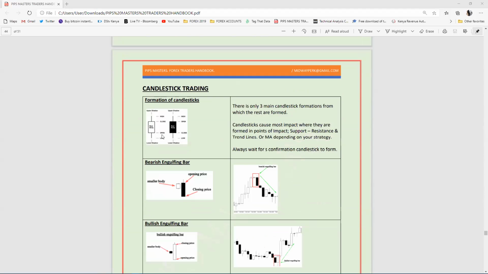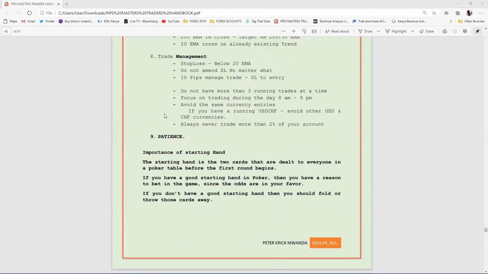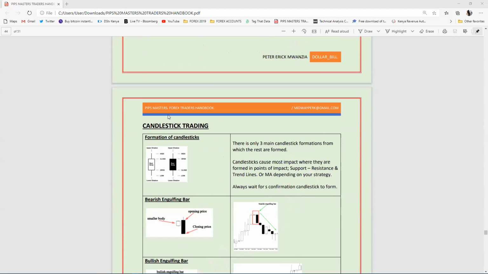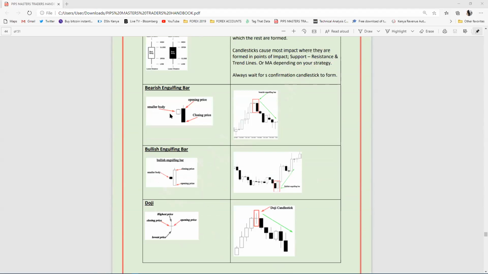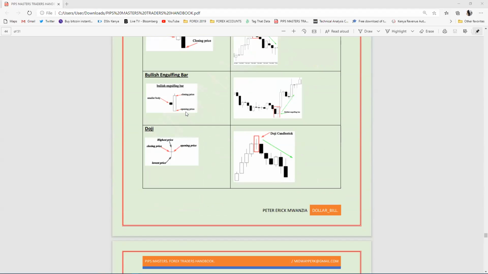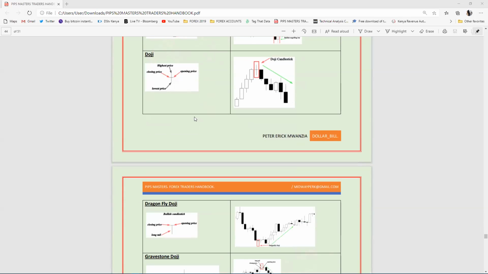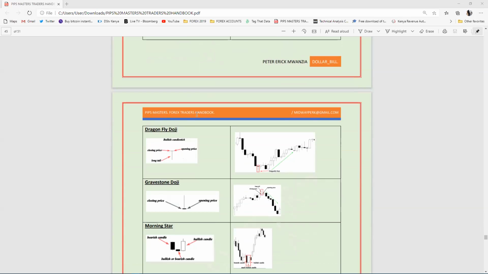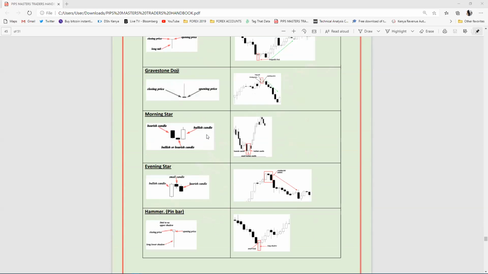So the candlesticks, this is based on a specific book. I don't remember its name, but you need to understand when a specific candlestick is formed, what that candlestick means, where to look for that candlestick, and when to look at that candlestick.